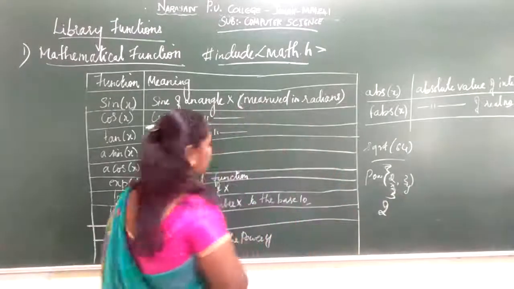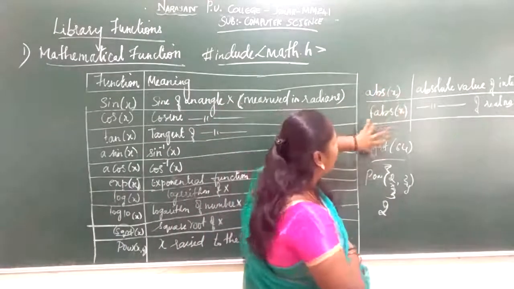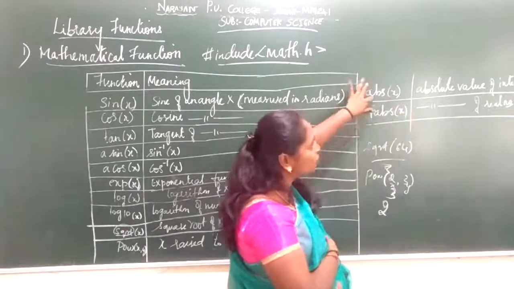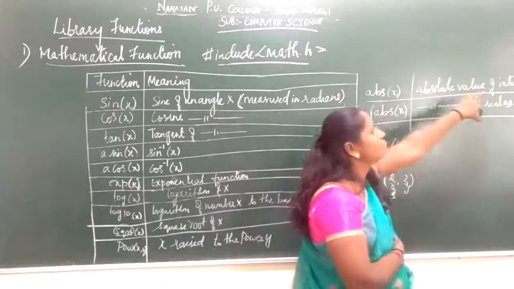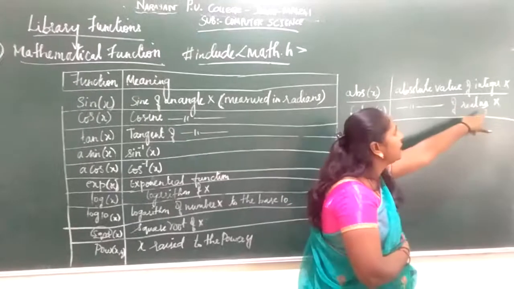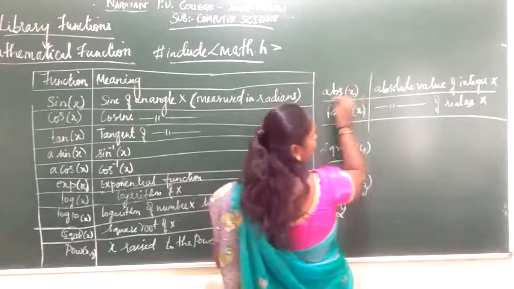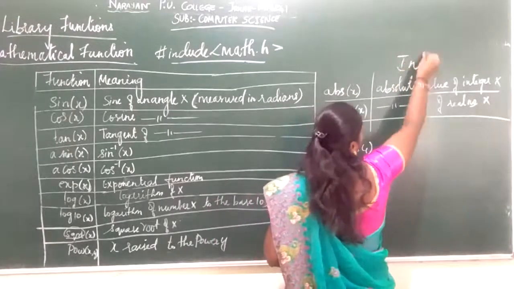Next, apart from these two, there are two more functions, that is absolute of x and fabs of x. Here fabs of x means it gives only the real number, that is the absolute value of the real number. What is abs? It gives only the integer part.